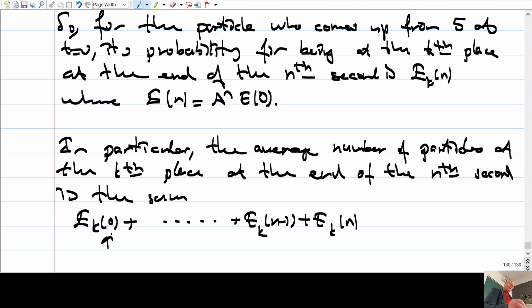So this is the particle who comes up at the 0th second. The next one is the particle who comes up at the first second, and this is the particle who comes up at the nth second.